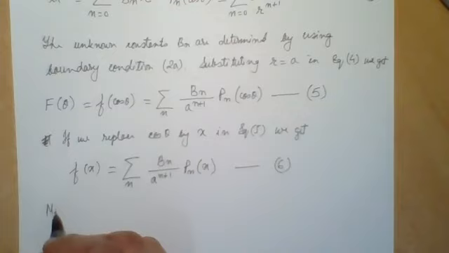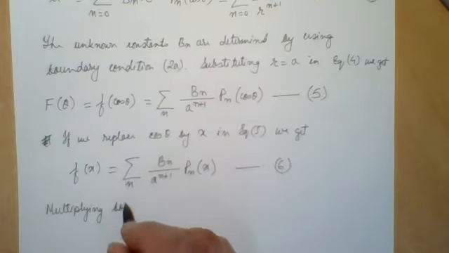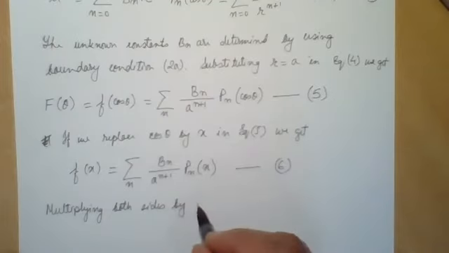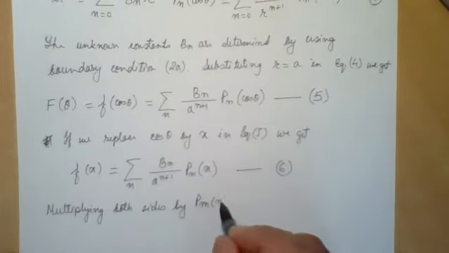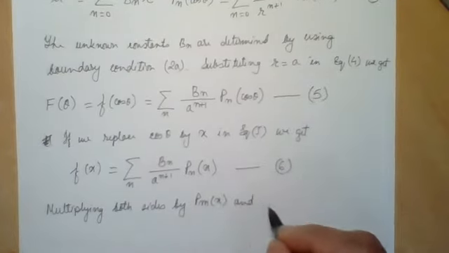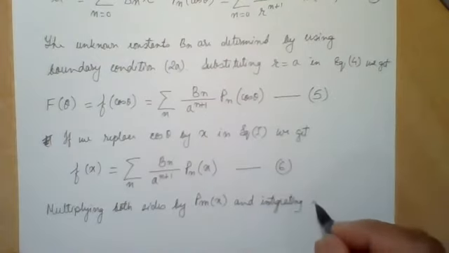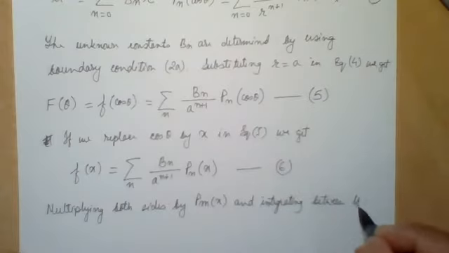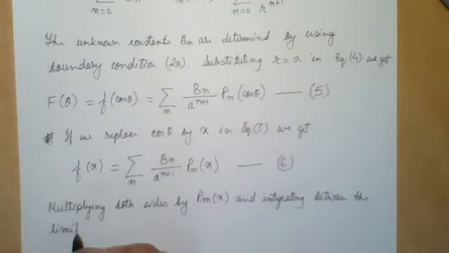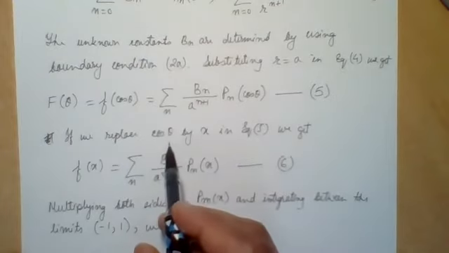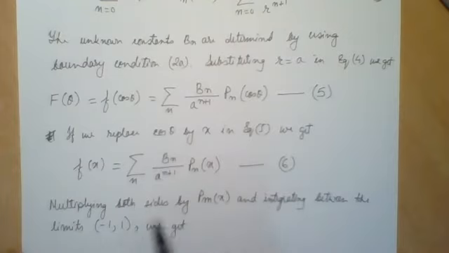So multiplying both sides by, we have Pn(x) here, so we multiply by Pm(x), and integrating between the limits -1 to +1, we get, since x is cos theta, and cos theta can take values only from -1 to +1.